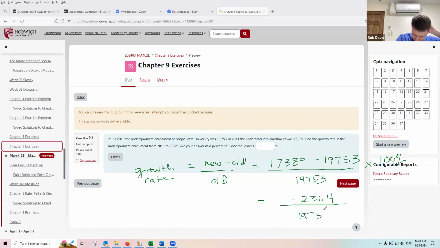Okay, so on the top I have negative 2,364, divided by 19,753, which gives me negative 0.11967.